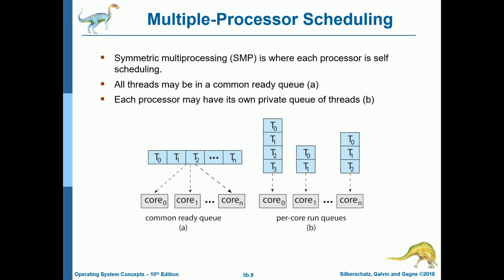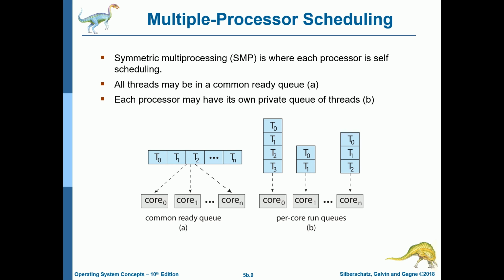Now, the standard approach for supporting multiprocessors is called symmetric multiprocessing, SMP. This is where each processor is self-scheduling. Scheduling proceeds by having the scheduler for each processor examine the ready queue and select a thread to run. Note that this provides two possible strategies for organizing the threads that are eligible to be scheduled.